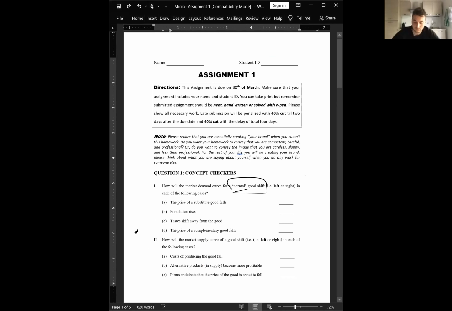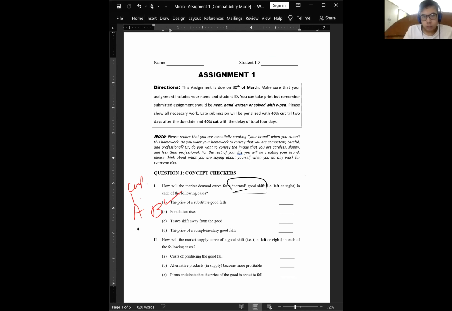Population rises. Of course, if population rises, demand always shifts to the right. The taste shifts away from the good. If taste decreases, demand shifts to the left. Yes. The price of complementary goods falls. Same analysis. So we have two products, A and B. A is complementary and B is the product that we are talking about. This is demand as well.